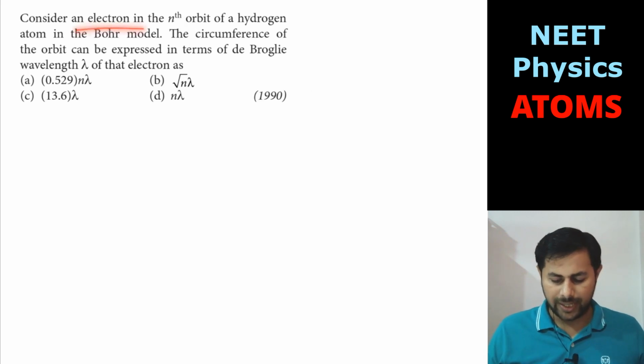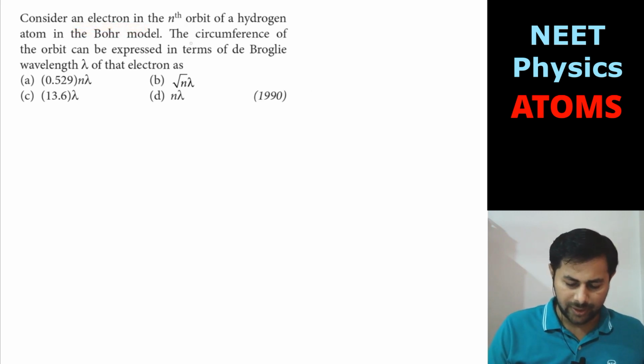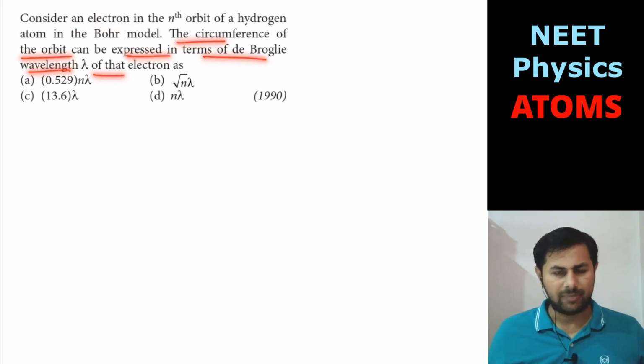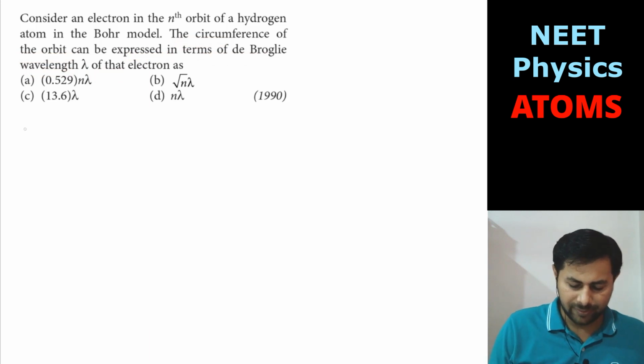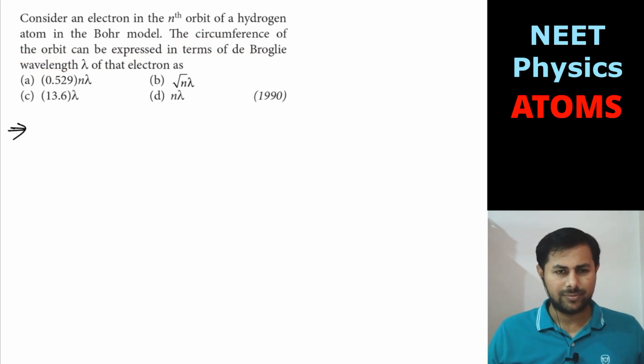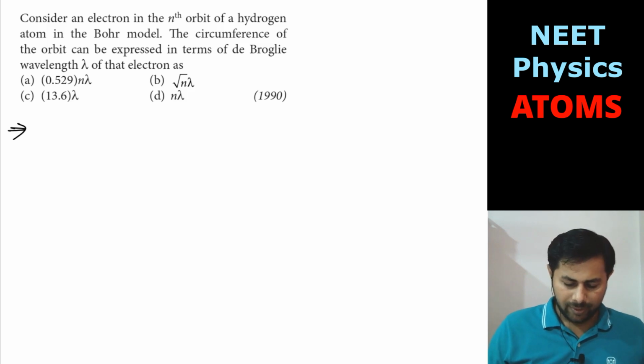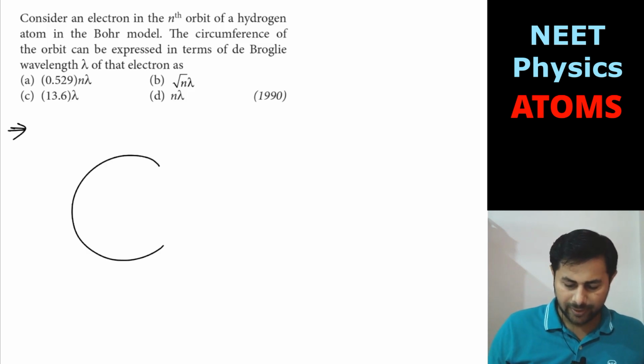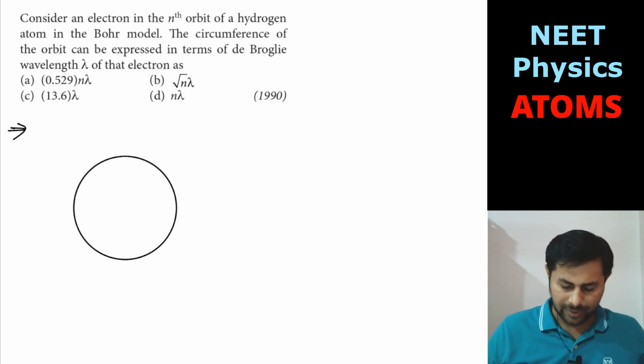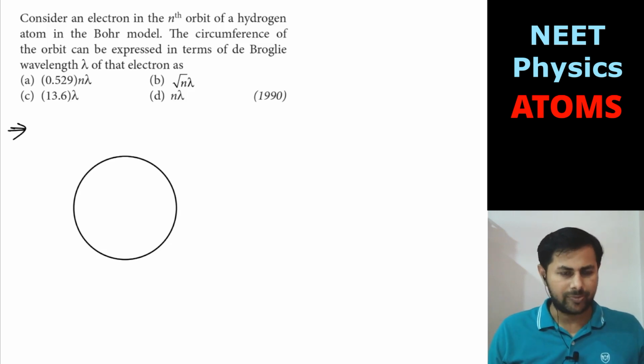Consider an electron in the nth orbit of hydrogen atom in Bohr model. The circumference of the orbit can be expressed in terms of de Broglie wavelength, lambda, of the electron as. Tell me. So this is simple. We had seen this: where does the second Bohr's postulate come from?